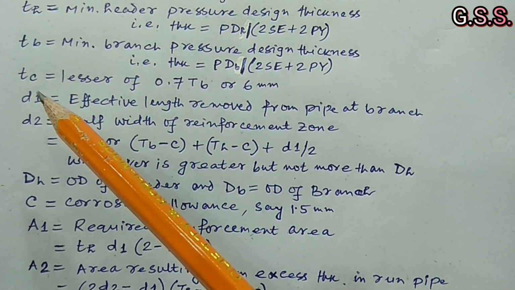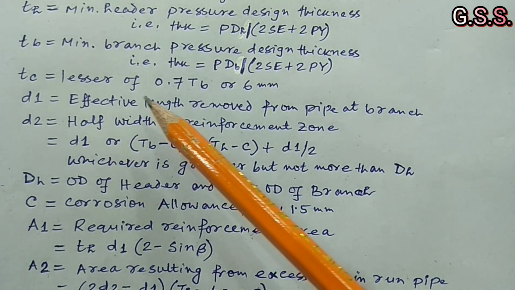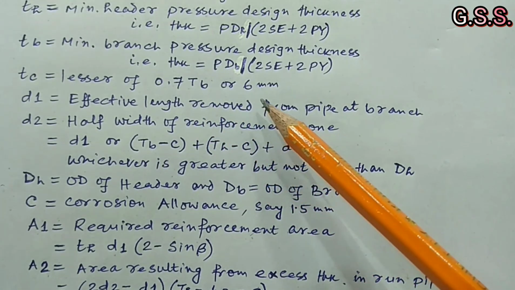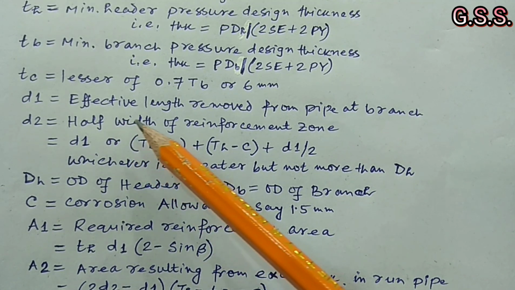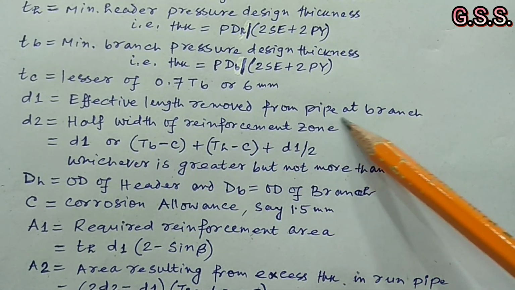Small tc equals the lesser of 0.7 TB or 6 millimeter. Small d1 is the effective length removed from pipe at branch.